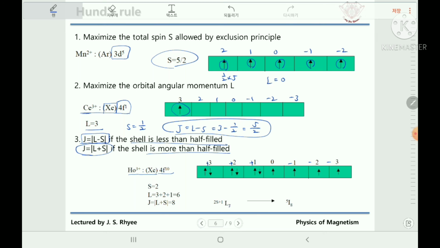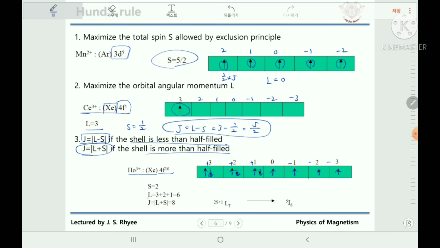The 10 electrons first occupy 1, 2, 3, 4, 5, 6, 7, and then 8, 9, 10. Therefore, 10 electrons occupy these orbitals.